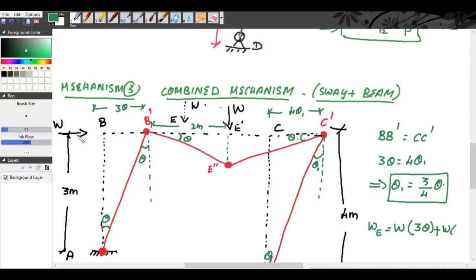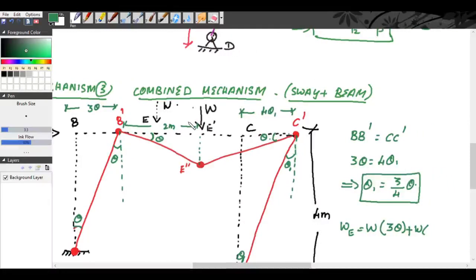That means you have to consider the rotation angle due to this external horizontal load at B. So the closest angle corresponding to this is theta. That means in our beam mechanism also we have to consider theta. Theta will be the rotation experienced at B and C.